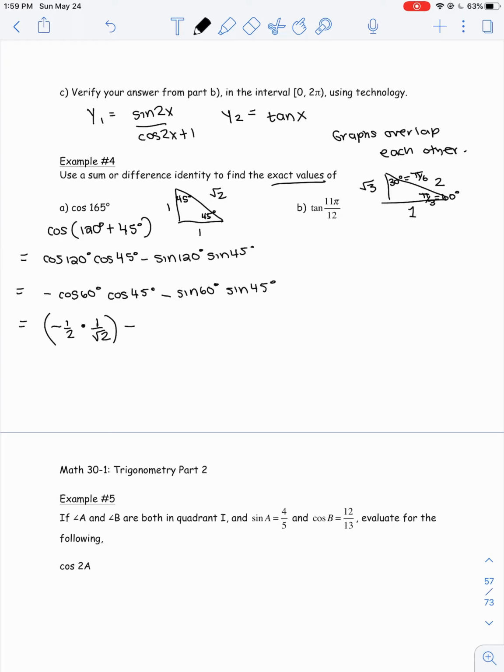Minus sine of 60 is equal to, if you look at the 60 degree angle, opposite over hypotenuse, so that'll be root 3 over 2, multiplied by sine 45, so that's opposite over hypotenuse, also 1 over root 2.